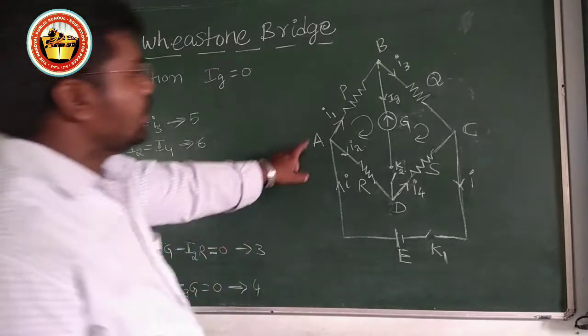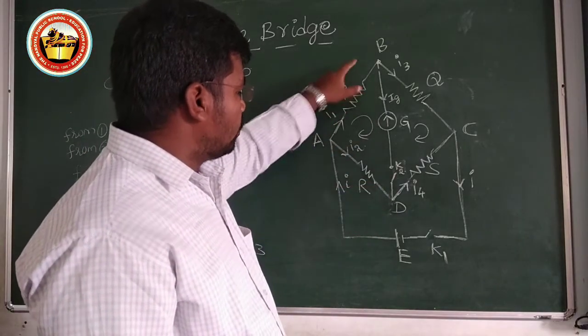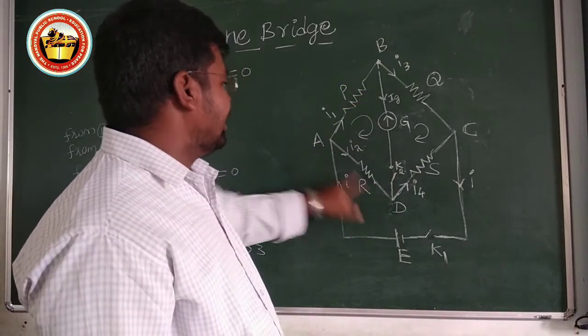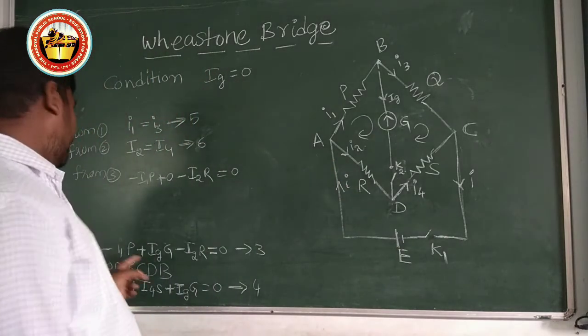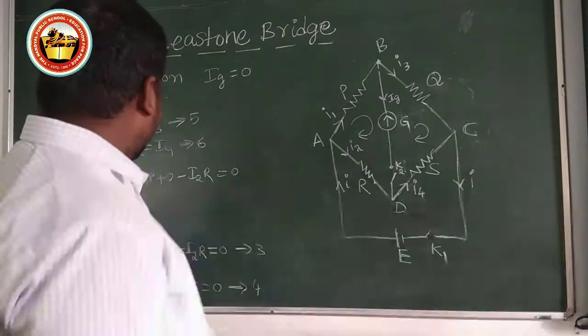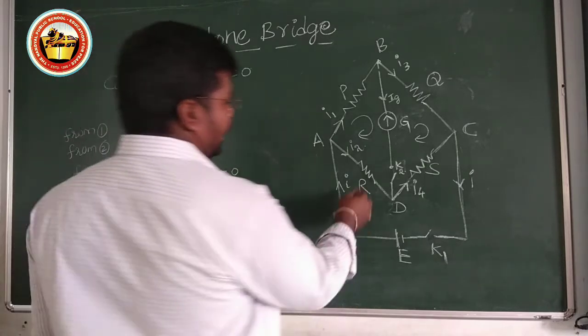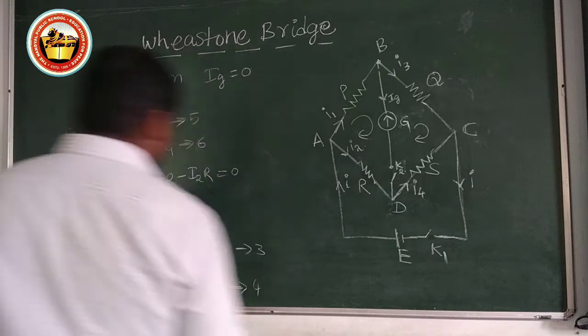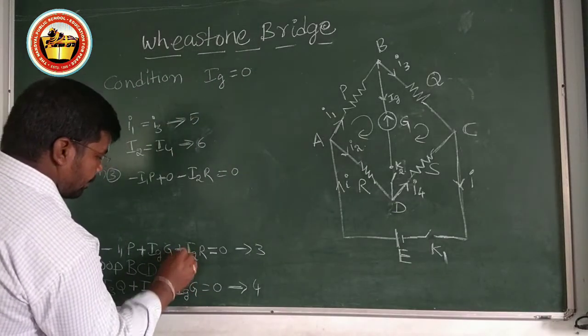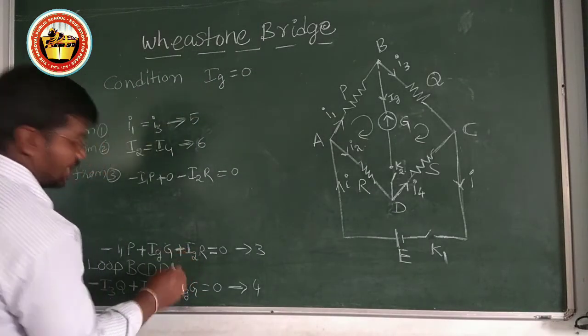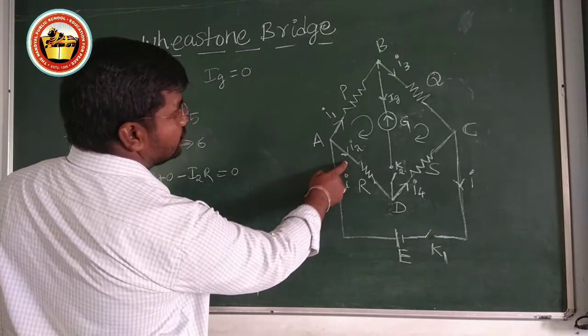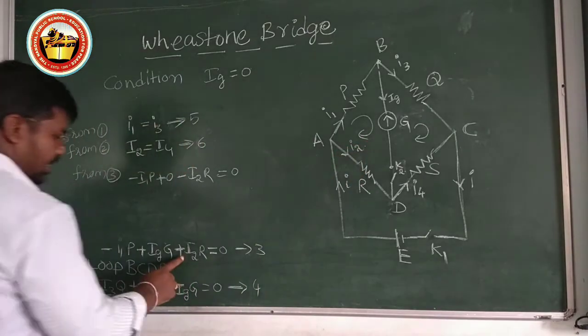Loop ABDA: minus I1 P plus I2 R. Here the current direction is opposite, so we have to take plus. The current direction is opposite to the clockwise direction, that's why we take plus.